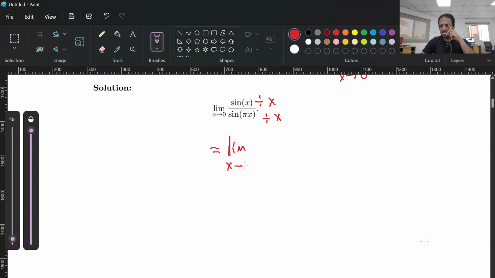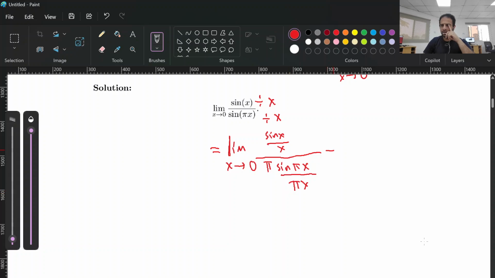as x goes to 0 of sine x over x, over sine pi x over x. But here you have pi x, down you have x. What should I do? Multiply by pi, like this, right?